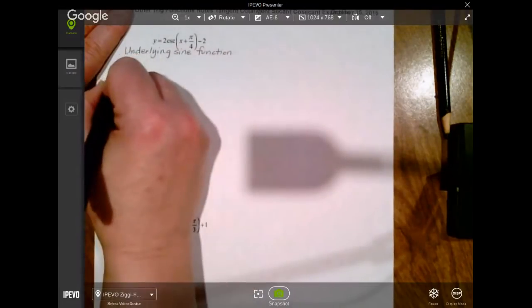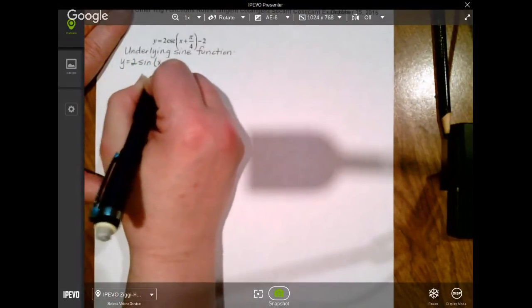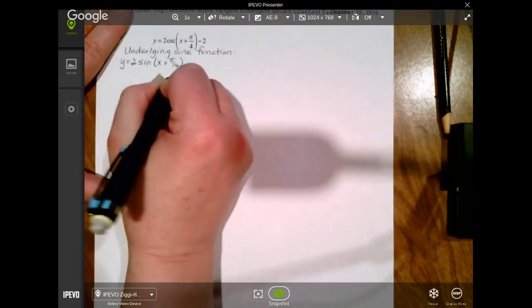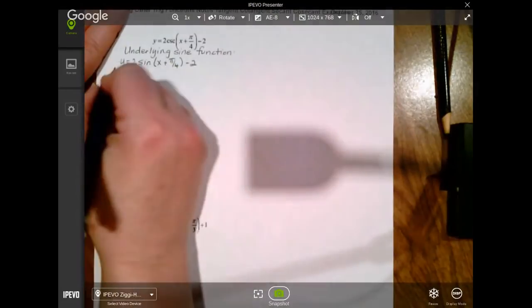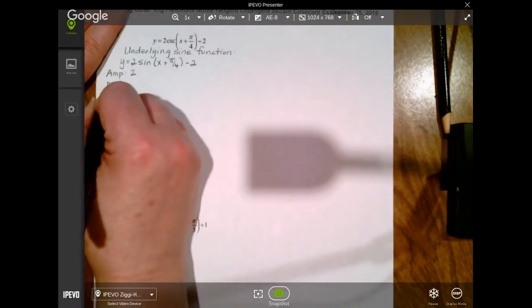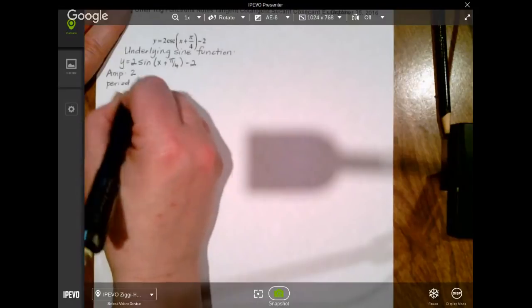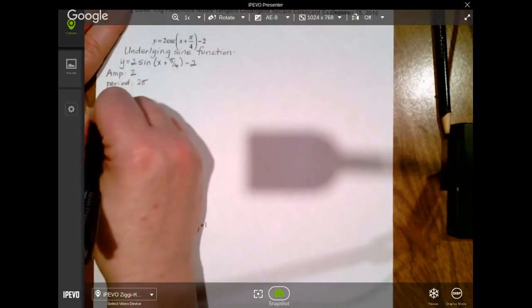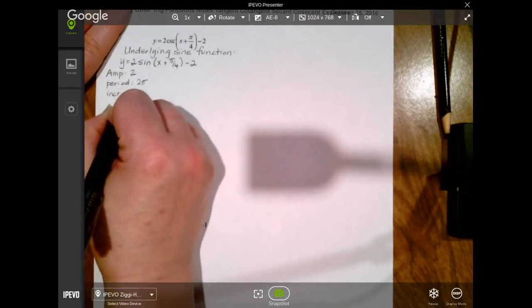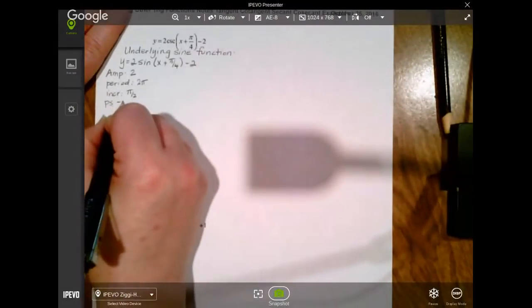That's going to be y equals 2 sine of x plus pi over 4 minus 2. So what is the amplitude of this function? Well, it's 2. Its period here is 2 pi over b, and b in this case is 1, so this is 2 pi. The increment is going to be pi over 2. The phase shift is going to be negative pi over 4.